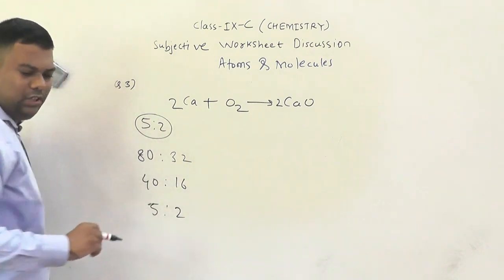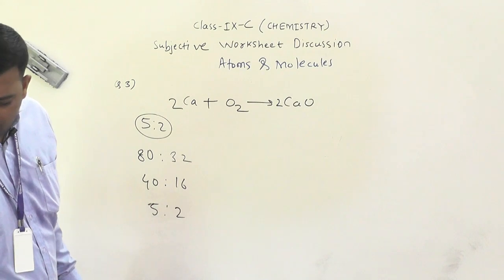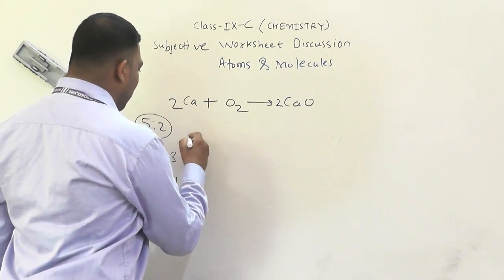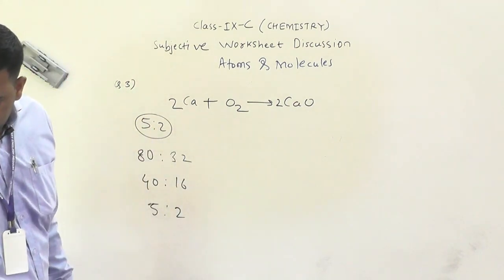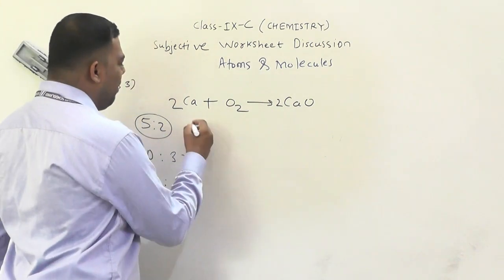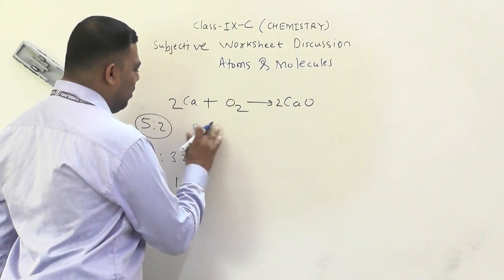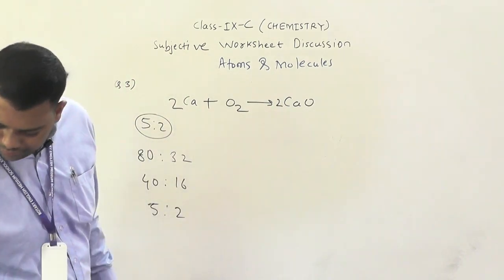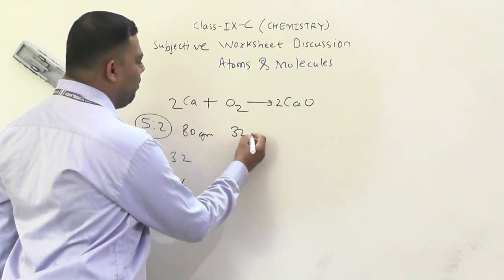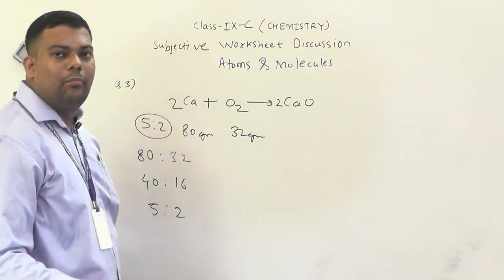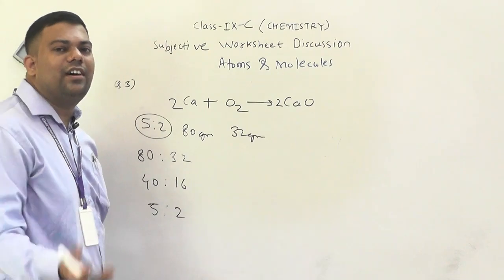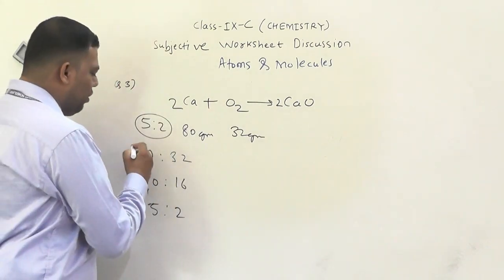Understood? So when 80 gram of calcium reacts with 32 gram of oxygen, you get CaO. But when 2.5 gram of calcium reacts, how much oxygen gas will it require? That we are going to discuss here.